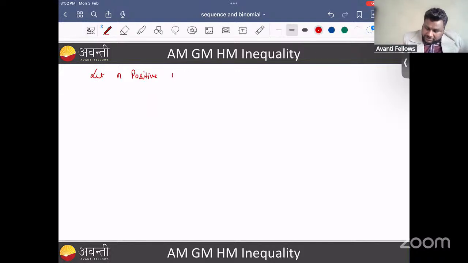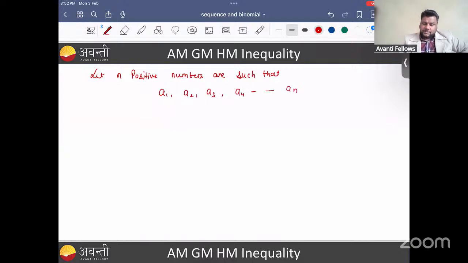If N positive numbers are such that A1, A2, A3, A4 up to AN. Mark this word positive, it is extremely necessary.